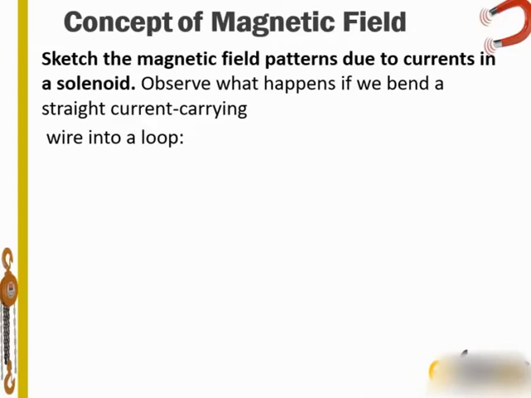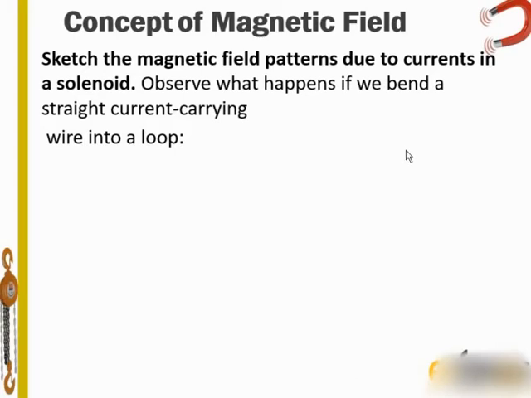So we've seen what the magnetic field pattern looks like for a straight single wire in which a current is flowing through it. Now let's see what a magnetic field pattern looks like for what's called a solenoid. A solenoid is essentially a coil of wire, and if you pass a current through a solenoid, then you generate a magnetic field.